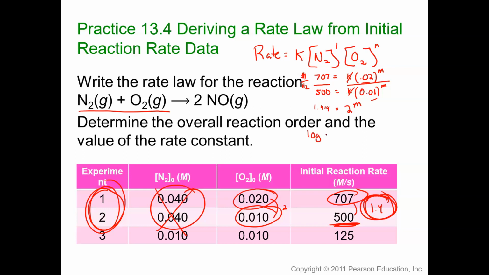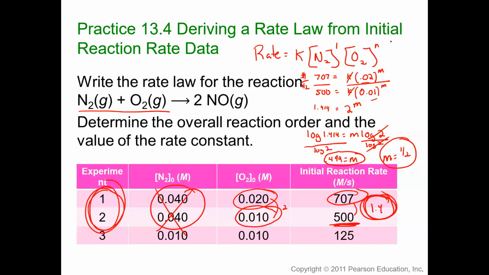So log 1.414 equals M log 2, divided by log 2, and I end up getting 0.499 equals M. That means M is 1/2. This order is 1/2. Yeah, that's not a fun one.